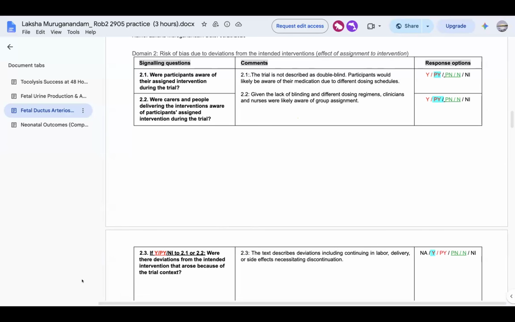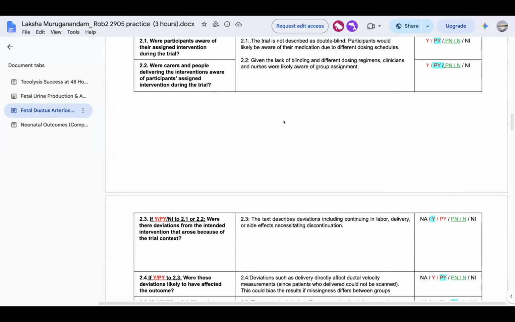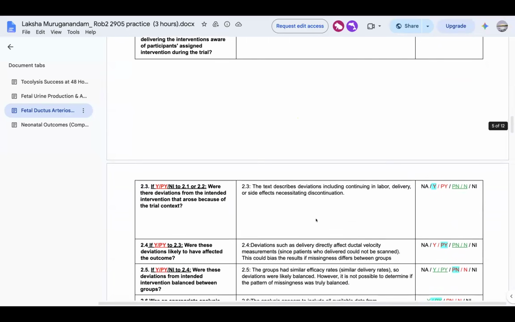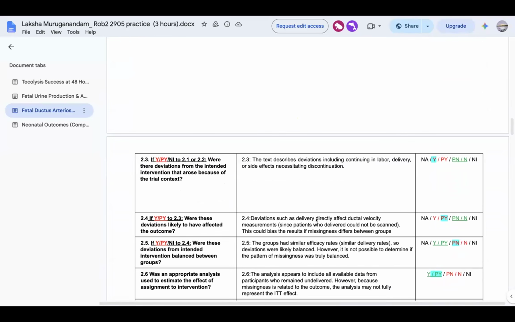For 2.2, she said, given the lack of blinding and different dosing regimens, clinicians and nurses were likely aware of group assignment, and then her response was PY. But for the same reasons we answered NI for 2.1, 2.2 would also be NI. Okay. 2.3, the text describes deviations, including continuing in labor, delivery, or side effects necessitating discontinuation.